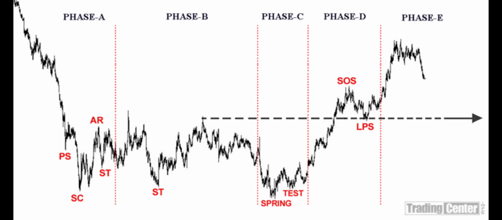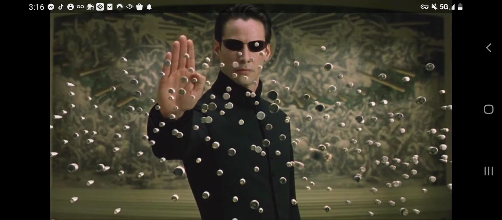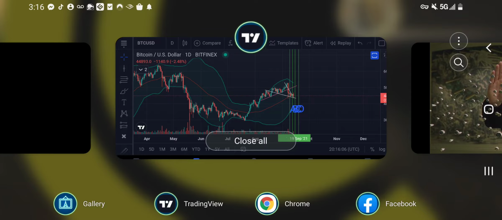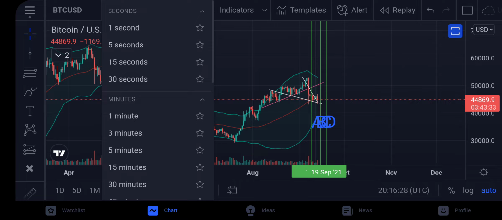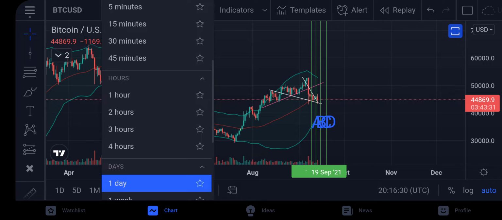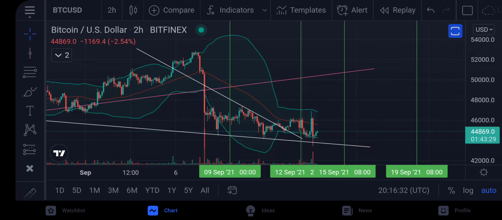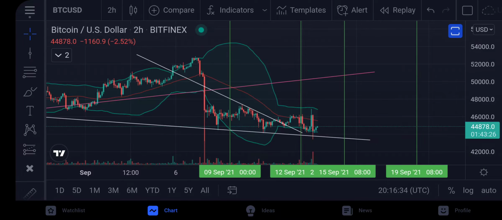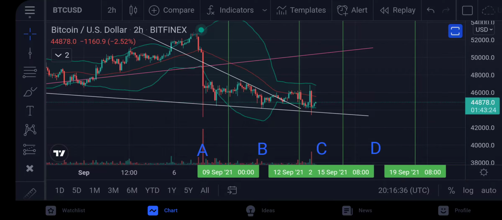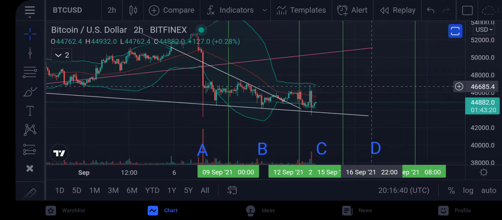So it looks like we're in phase D on the bigger picture of the Wyckoff accumulation, but in the shorter time frame, going back to the 2-hour chart, we're actually doing another Wyckoff within a Wyckoff accumulation, if that makes any sense. So that's where we're at.